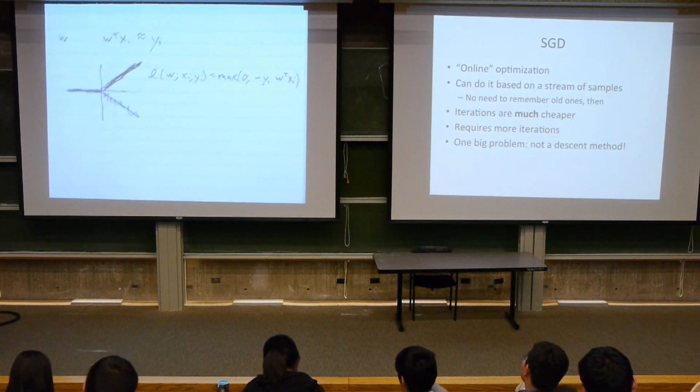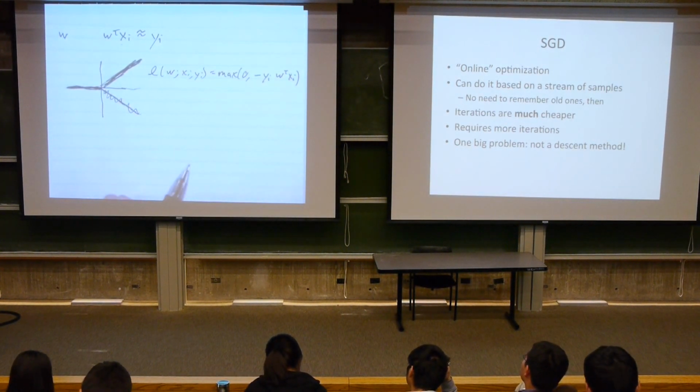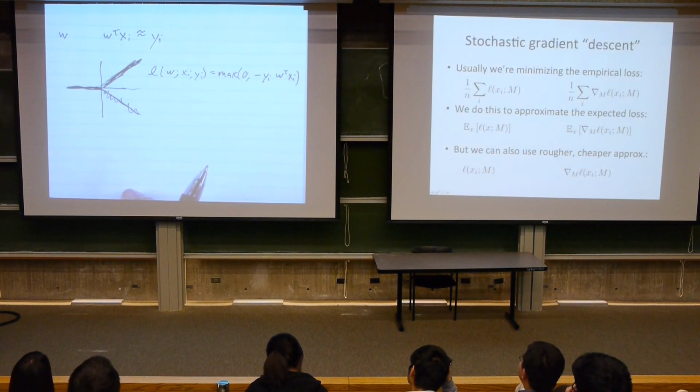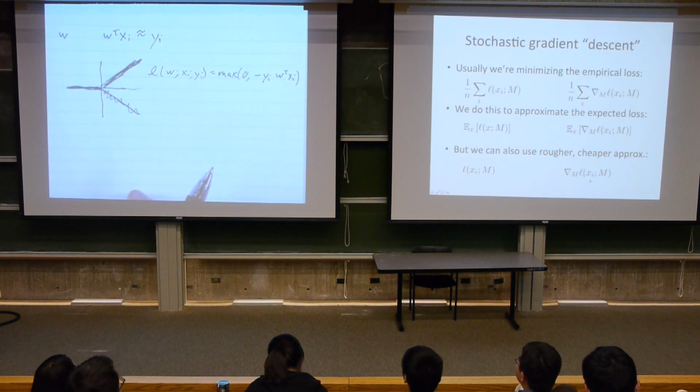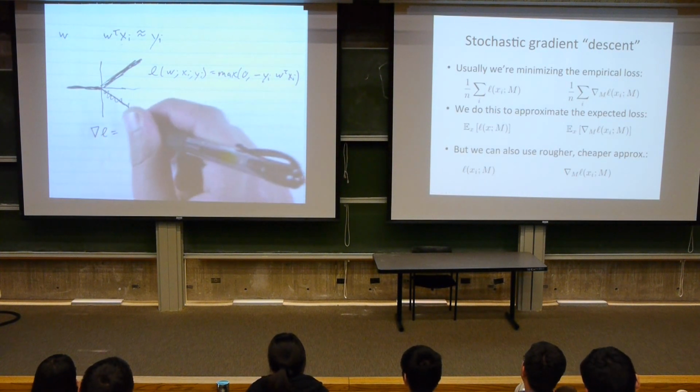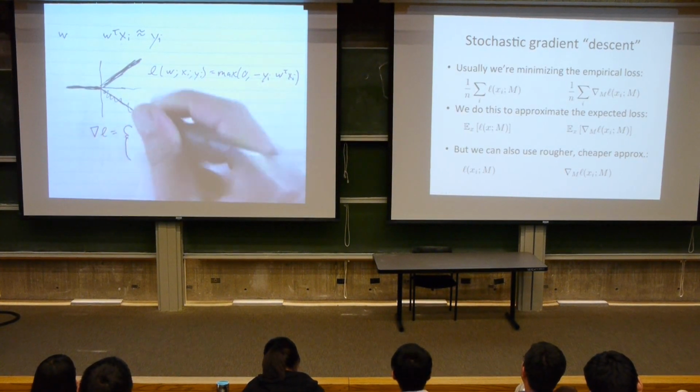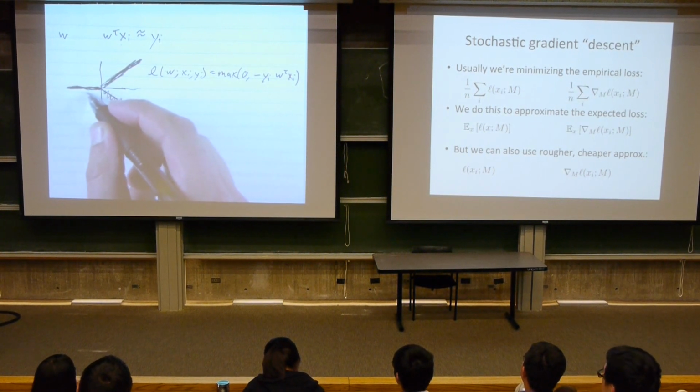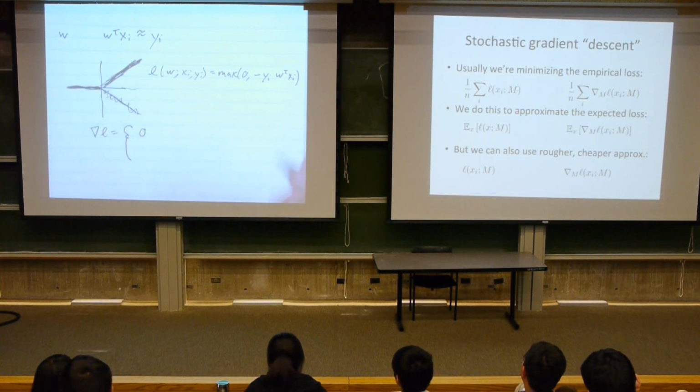Now we're going to do SGD on that. So how do we do SGD? Well, you take this loss function and you take the gradient of it with respect to the model, which in this case is W. So the gradient of L is basically, if you're over here in the 0 part, then the gradient is 0.